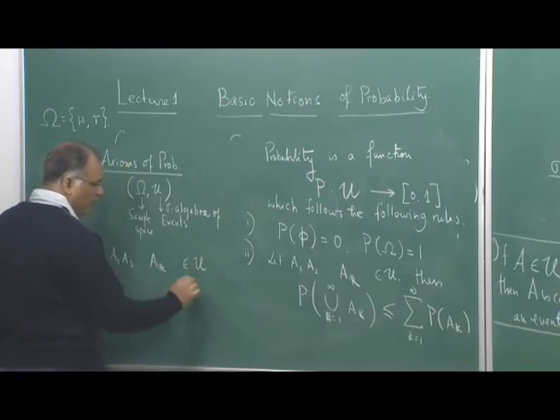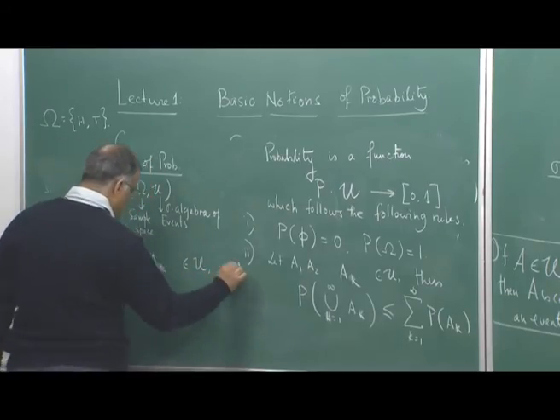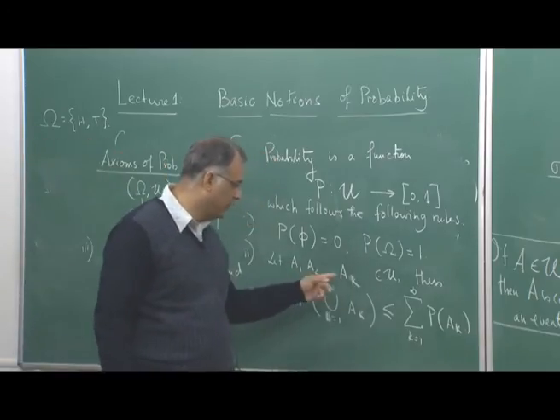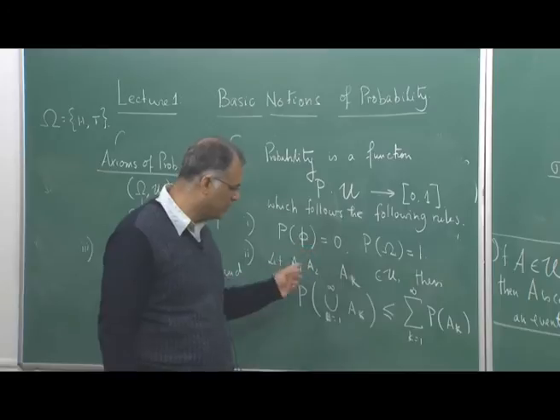This is an element of U, and so you are having a countable collection of sets. Note, these are not an infinite collection of subsets, not an arbitrary collection, but a countable collection.